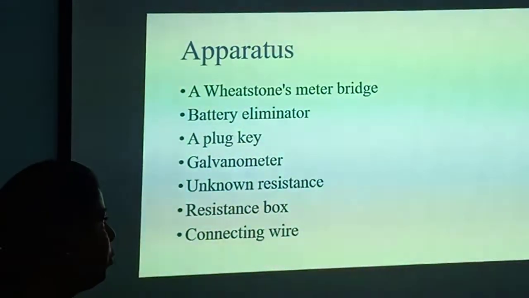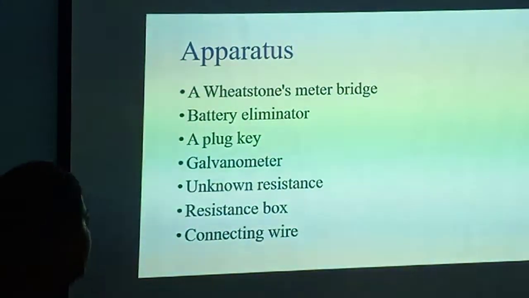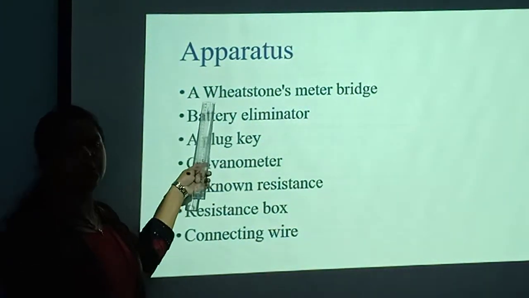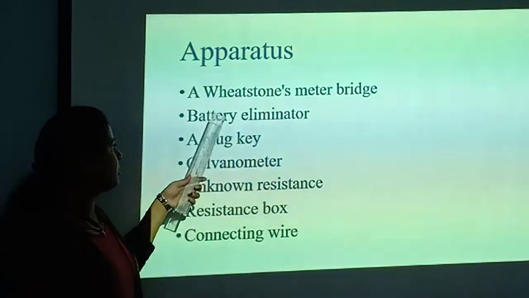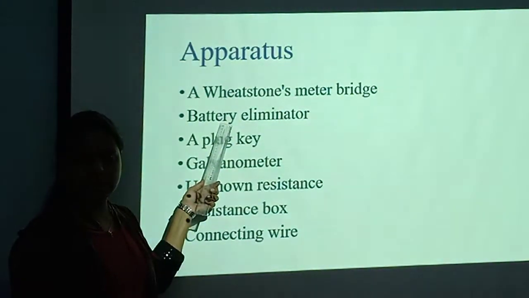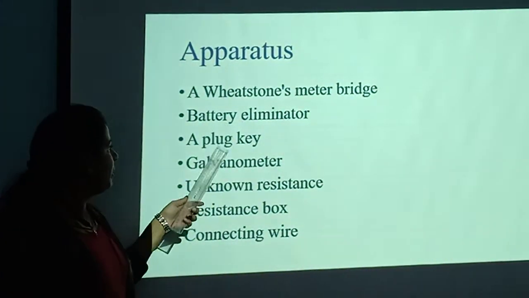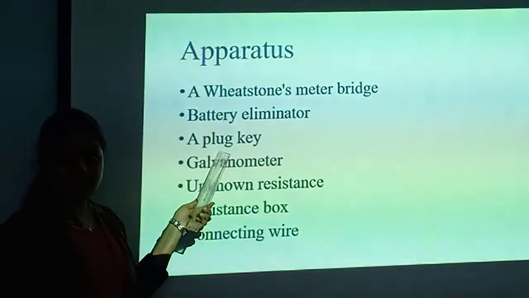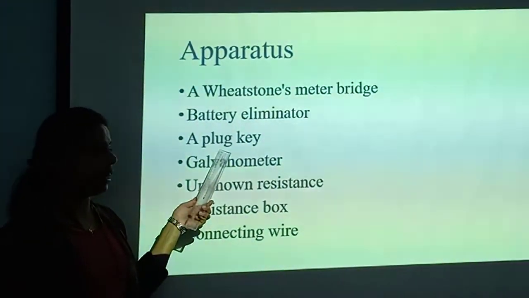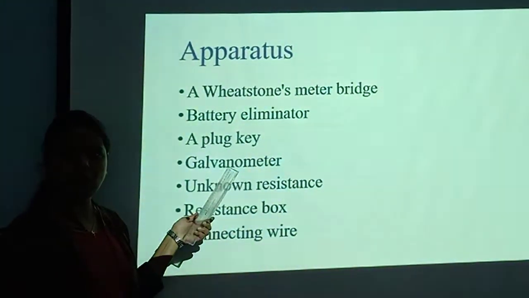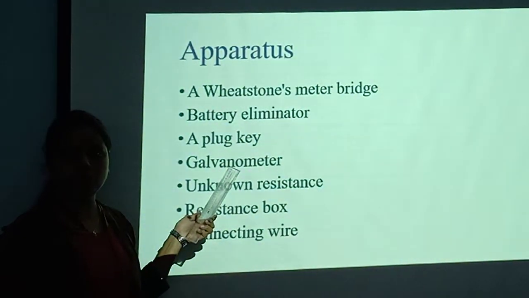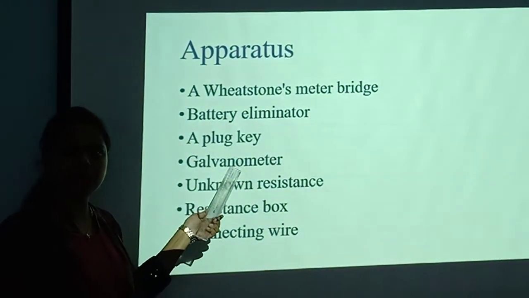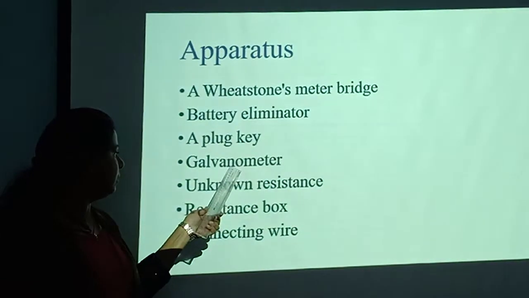Now the apparatus we are going to use. Firstly, we will need the Wheatstone's meter bridge, obviously. Battery eliminator, that is the power supply. A plug key to switch the current on or off. Galvanometer is the instrument we will use to measure the deflection or the flow of current.